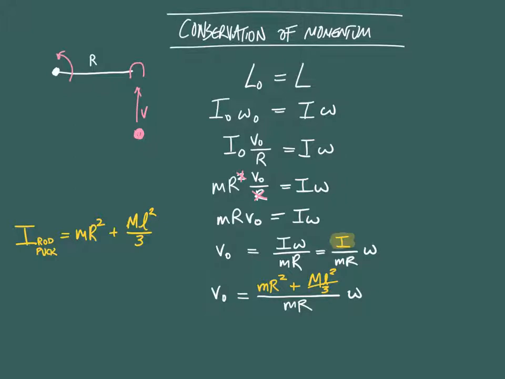And so there are some simplifications that we can obtain in this mess. So V naught, if I just get a common denominator of 3, I can write 3 mr squared plus Ml squared over 3 over mr. Kind of cramming things together there.